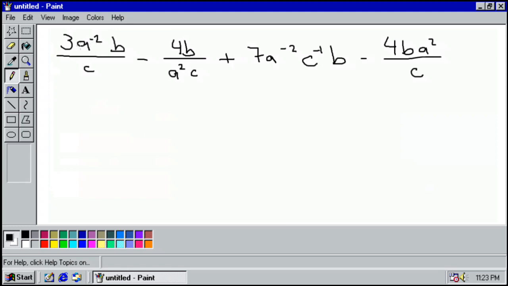So the negative sign will become positive, so it will be a squared c. When we have the negative sign, let's put it on the denominator to make it a positive exponent. We don't have any problem with this one, so let's just copy it.